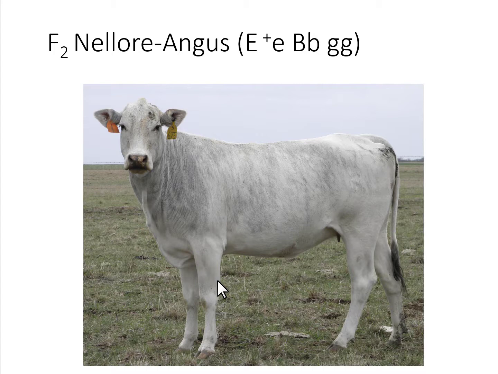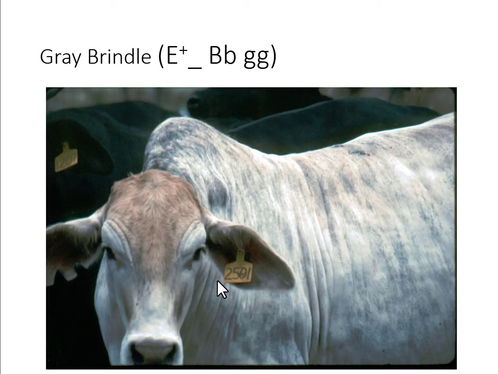So we have a gray coloration due to the little g's. And since E plus is most dominant and we're heterozygote big B, little b, we're going to get the three possible colorations on this one, and this is a gray brindle. And here we have another gray brindle. You can see it's still in the process of graying out because it has this red coloration here.